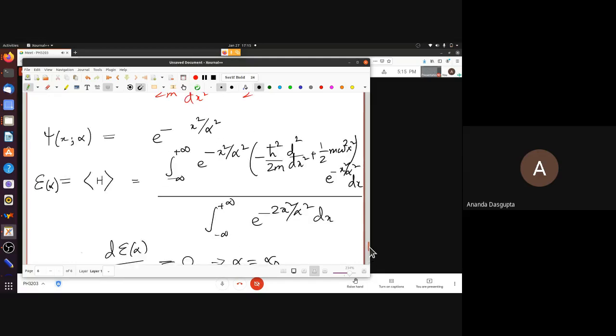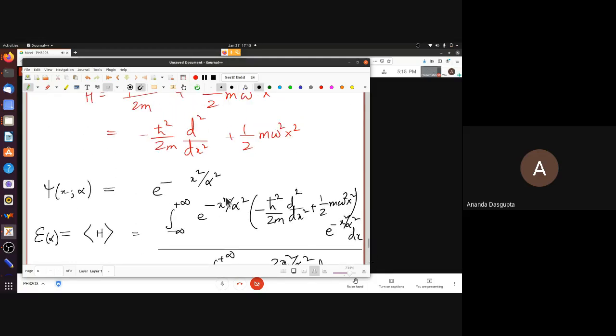The point is, I have a family of solutions which we start with, right? It is e to the minus x square by alpha square. Why is this a family of solutions and not one solution? Because alpha can take many different values, and depending on the value of alpha, you get different solutions.